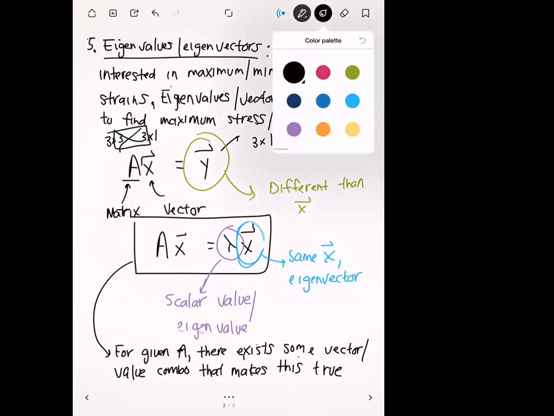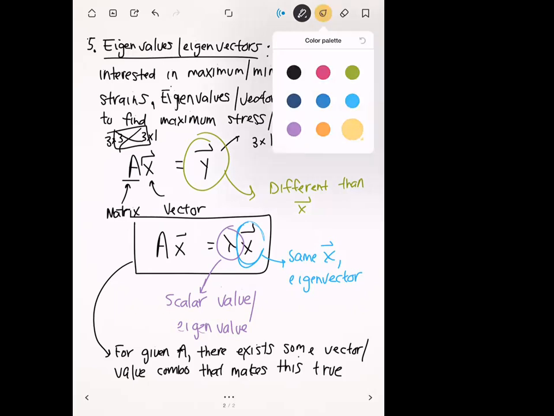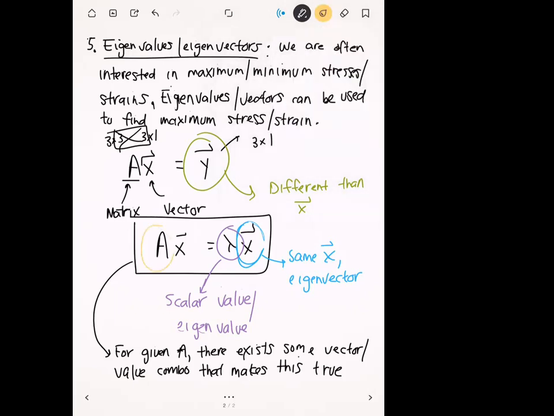In fact, let's say that this A right here represents a state of stress inside a material. It's just an arbitrary state of stress, so it has all the normal components and the shear components as well.